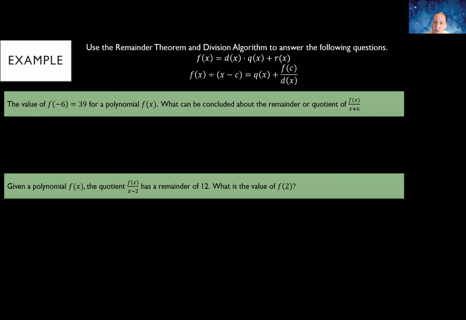So let's work through this and see it with examples. Let me just label this. This is the division algorithm, which is basically the format, and underneath it is the format of the remainder theorem.